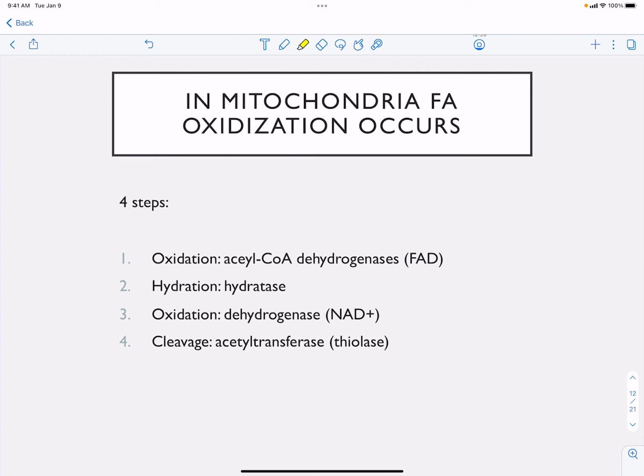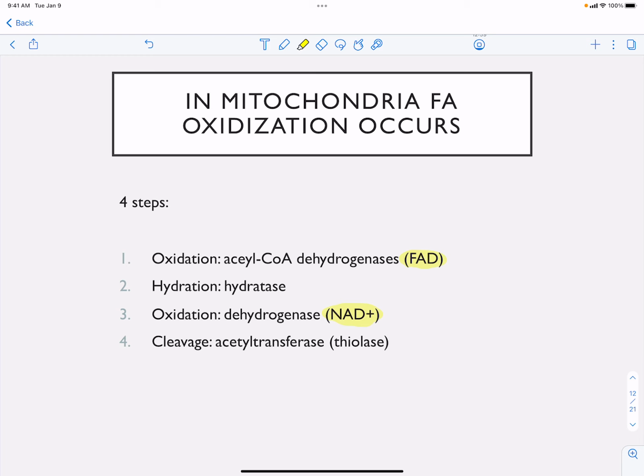For beta oxidation to occur, we're going to have 4 steps, and they're going to repeat over and over again. The first step is going to be oxidation, and we're going to have FAD pick up electrons in this step. The second step is going to be a hydratase. The third step is going to be another dehydrogenase. In this case, we're going to have NAD, so we're going to make an NADH.